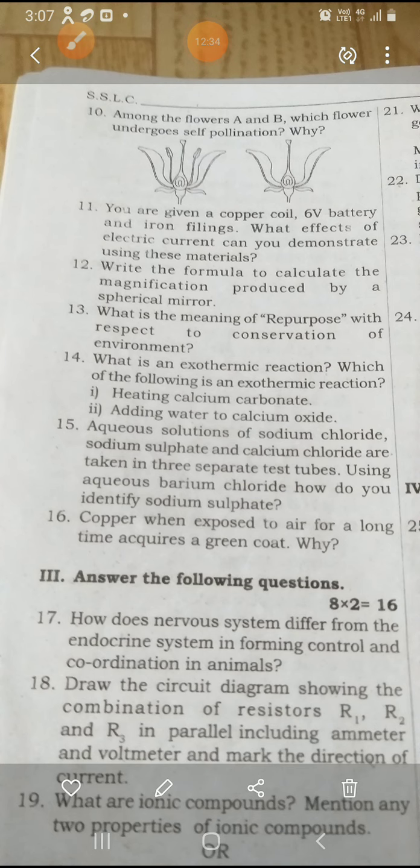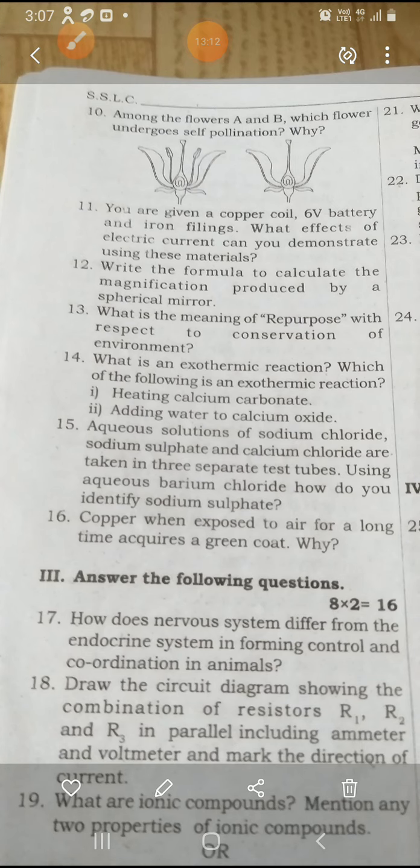Not oxygen, carbon dioxide, CO2, which also contains oxygen.